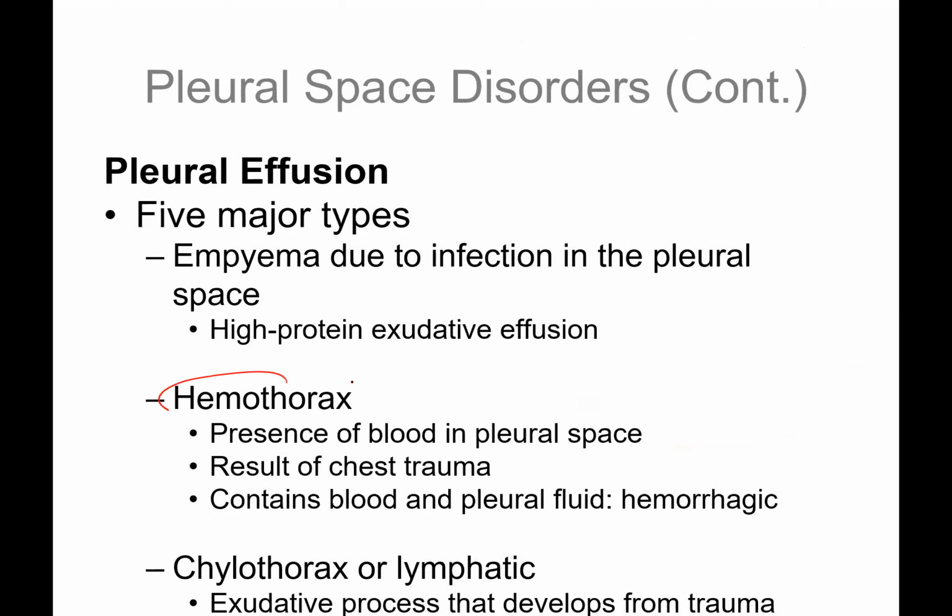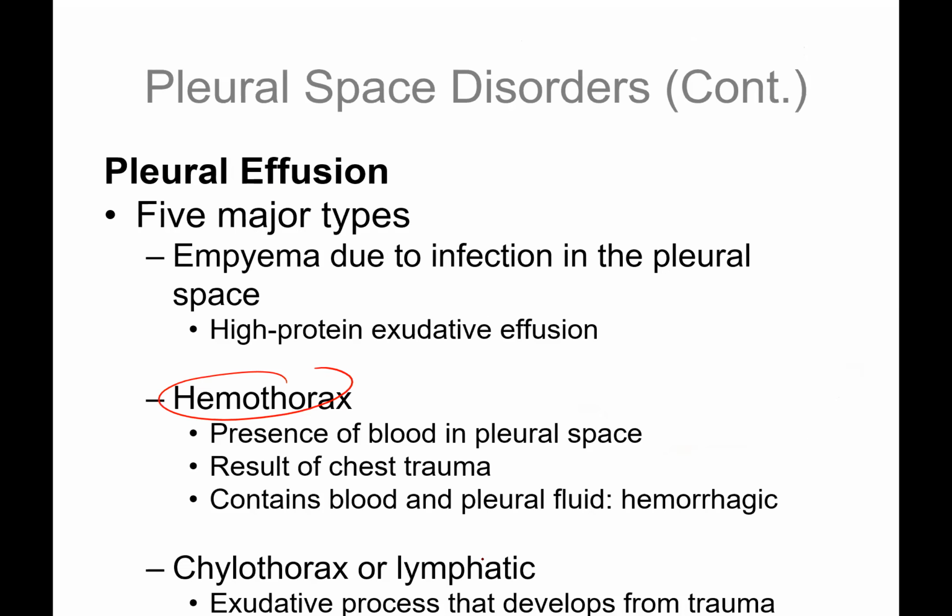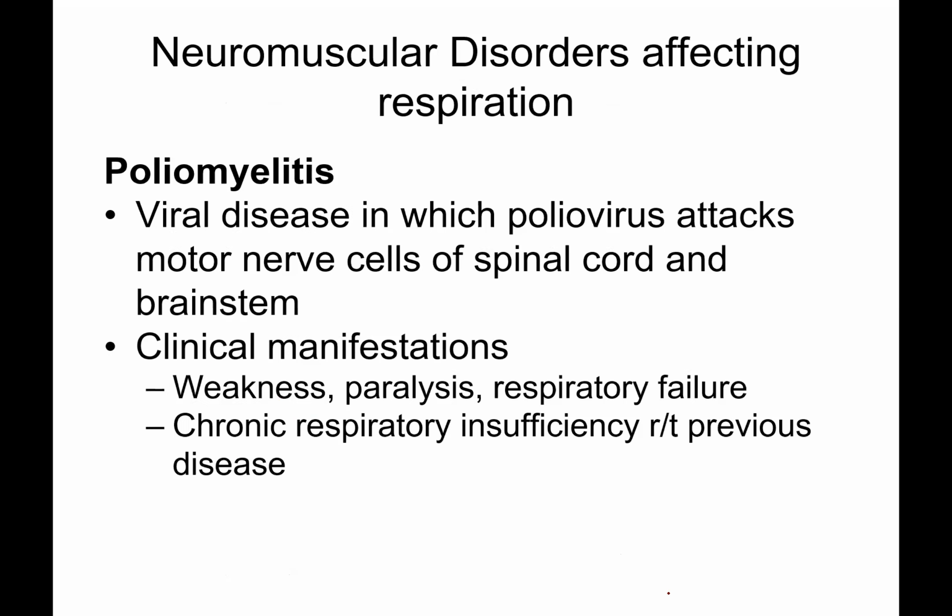The hemothorax is the presence of blood in the pleural space, usually because of trauma. And the chylothorax is lymphatic, excessive exudate because of trauma.